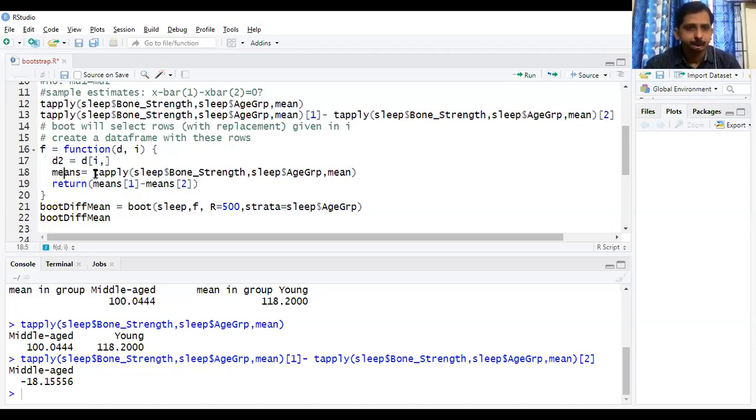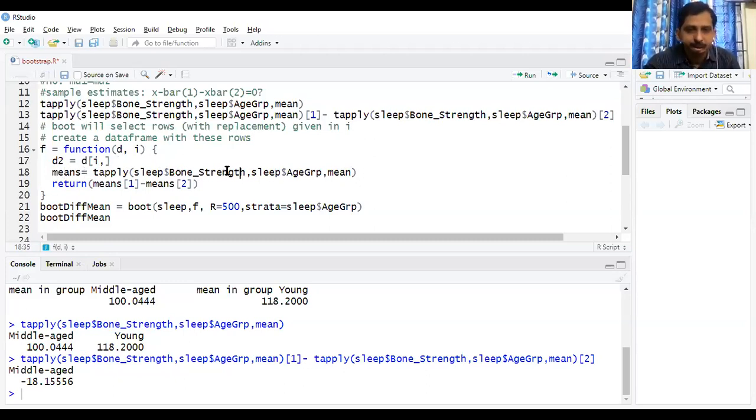Means is nothing but you are storing this information. You're calculating the average at every step of the bootstrap. That means whenever you take a sample, calculate the mean and store it in means.